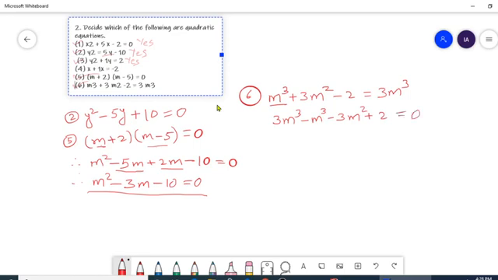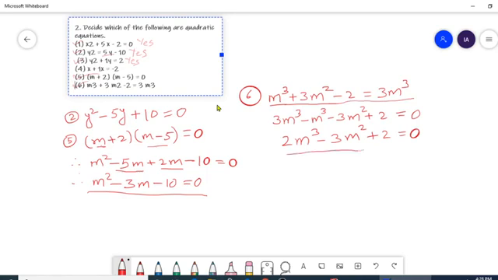Now this is m cube and this is minus 3m cube, which will give you minus 2m cube minus 3m square plus 2 equals 0. Now this is a more simplified form of the given equation number 6.